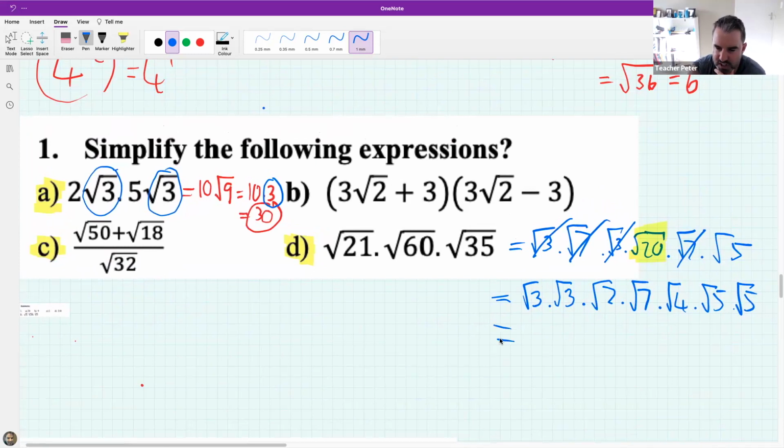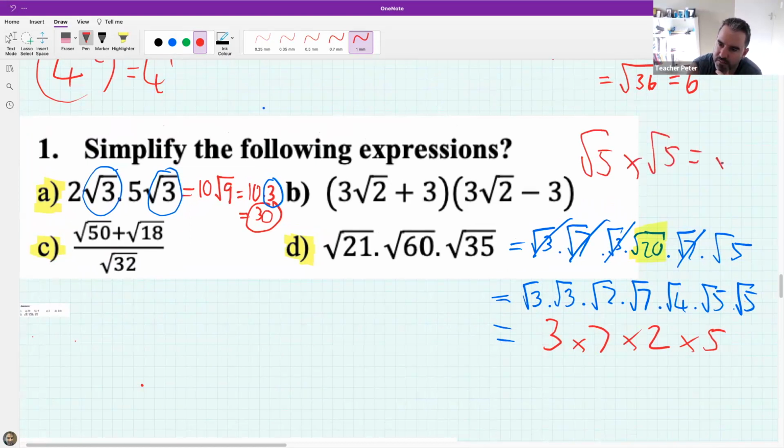Now, what's interesting about surd laws is square root 3 times square root 3 is 3. Square root 7 times square root 7 is 7. Square root 4 is just 2, and square root 5 times square root 5 is just going to be 5. You can kind of see this because square root 5 times square root 5 is just square root 25.